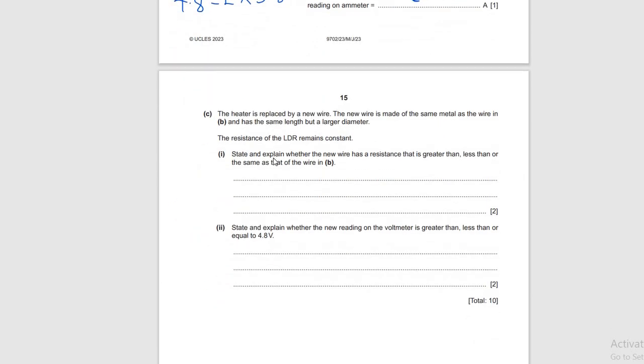Part C. The wire is replaced by a new wire. The new wire is made of the same metal as the wire, which means they have the same resistivity. That's the meaning. The former wire and the new wire are made of the same metal, the same resistivity, and have the same length.